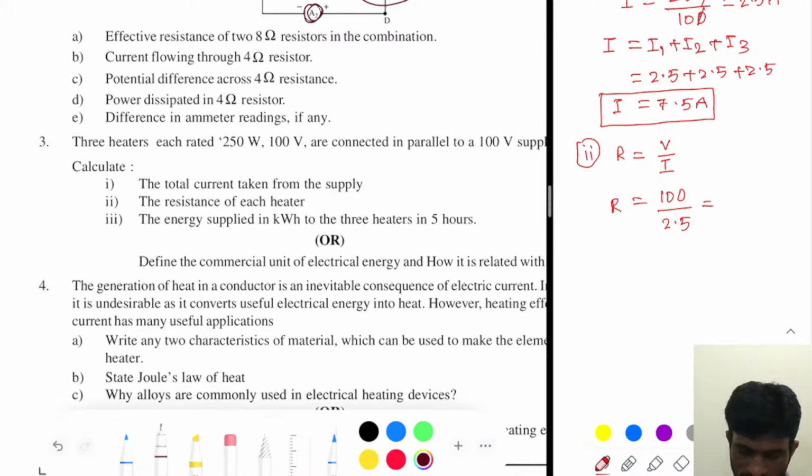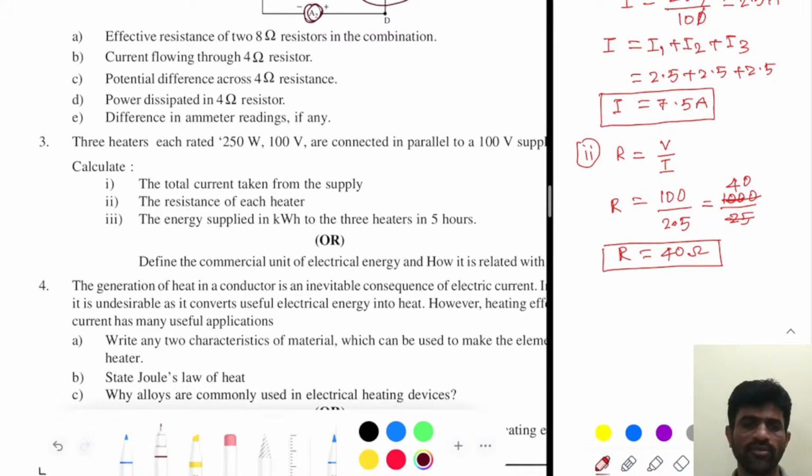So what will it be? If you multiply 10 in the numerator and denominator, it becomes 1000 by 25. 1000 by 25 is what? 25 fours are 100, so it is 40 ohms. This is the resistance of each heater.